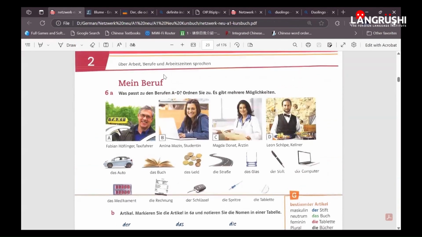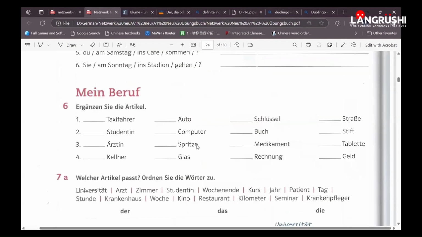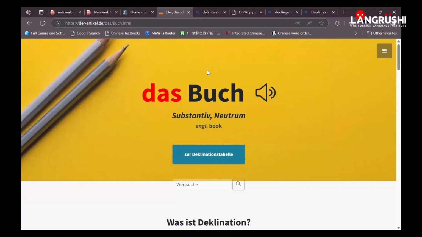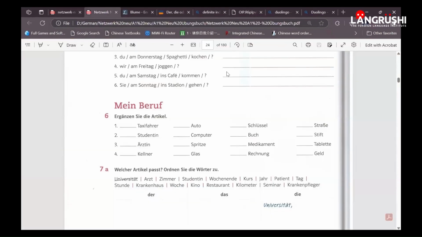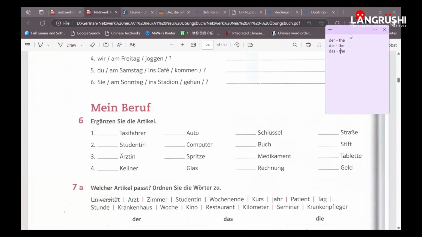Okay, so we have to start with this first, but we'll do it in a slightly different way. All of you, I'm sending this link in the chat of this meeting in Zoom, and I will also send it on WhatsApp. Now open it. We are going to try to find genders of all of these words together right now. Do not disclose it right away. I will ask each one of you.